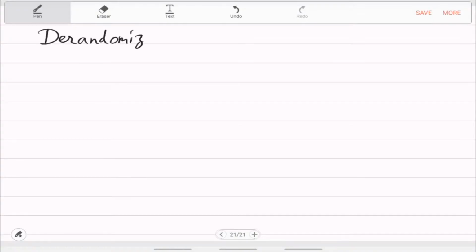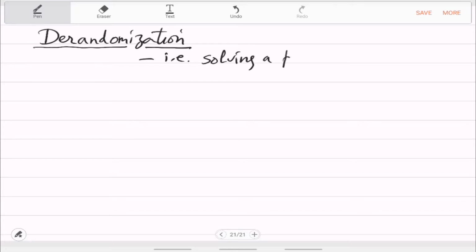Is there a de-randomized PIT algorithm that is simultaneously fast? De-randomization means solving a problem without randomness.